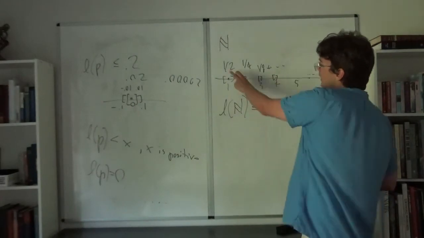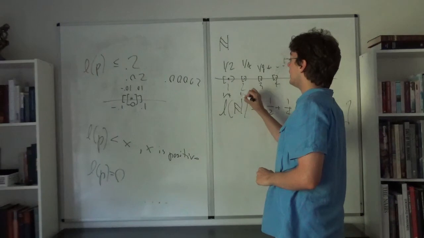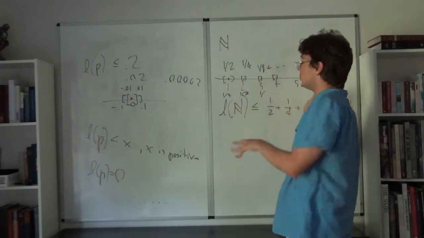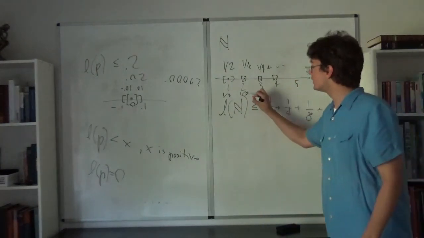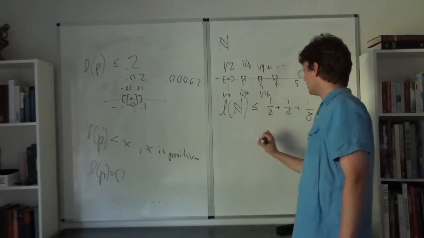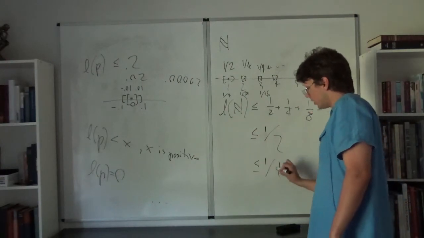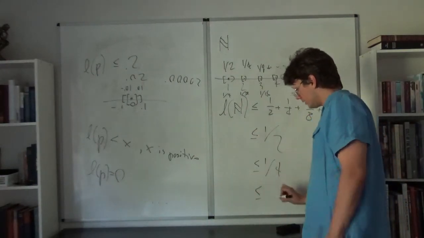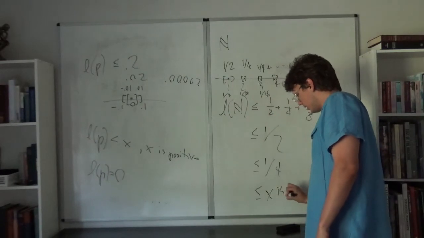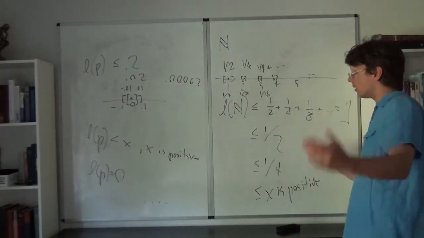But I can tighten this up, right? Instead of making this 1/2, I could have made this 1/4, or 1/8, and 1/16. I could make this less than or equal to 1/2 if I wanted to, or less than or equal to 1/4, or as little as I wanted to, really, where x is positive, smaller than any positive number.